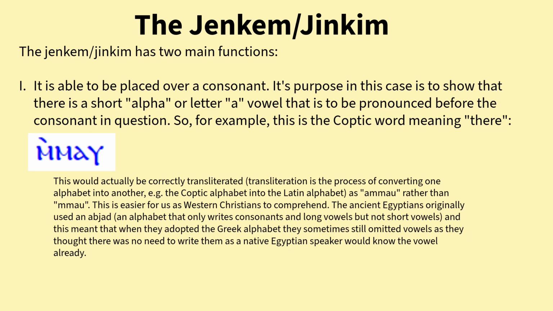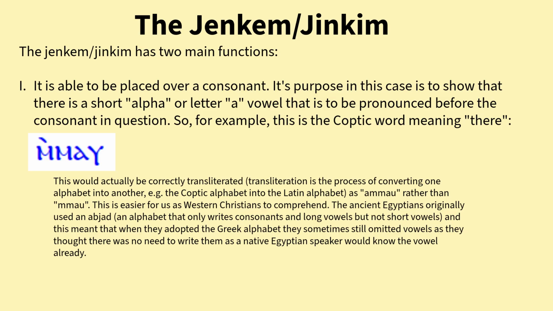Now, the jenkim or the jinkim has two main functions. Its first function is that it is able to be placed over a consonant. Its purpose in this case is to show that there is a short alba or alpha, as we know it from the Greek alphabet, a short letter a or a vowel that is to be pronounced before the consonant in question.